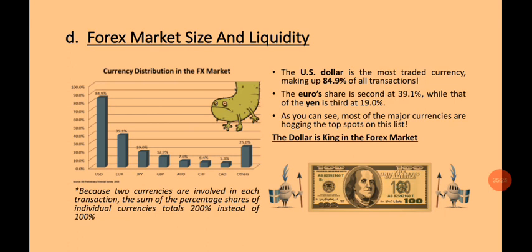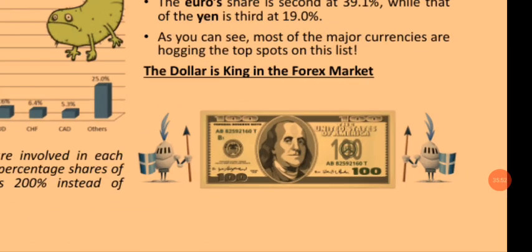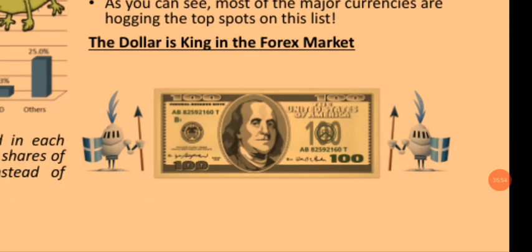The euro is second at 39.1%, while the yen is third at 19.0%. As you can see, most of the major currencies are hugging the top spots in this list. The dollar is king in the forex market.